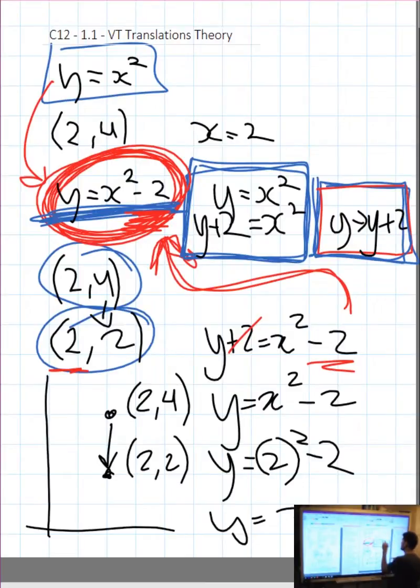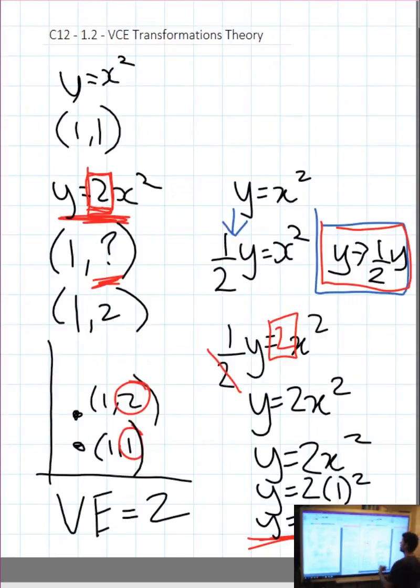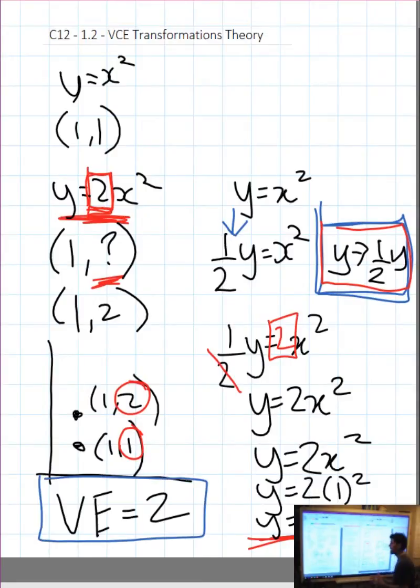Here we substituted y plus 2 in for y, doing the opposite operation, making the y values go down 2, subtracting 2 from all the y values. Here, substituting 1/2 y in for y, doing the opposite operation, multiplying all the y values by 2, a vertical expansion by a factor of 2.